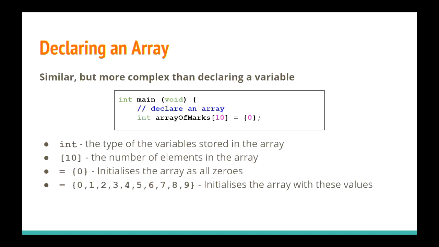If we want to, we can try to initialize an entire array with this bottom line here, where I say, these are exactly the elements I want in the array. This is actually kind of a niche way of doing this. You won't always be doing this. But if we just put a 0 in the curly brackets, it's just going to grab the whole array and make the whole array equal to 0.